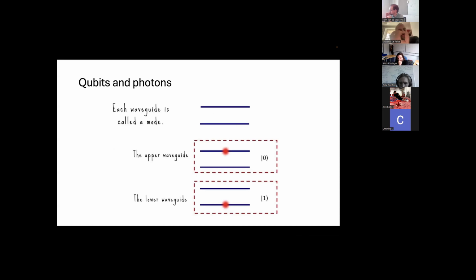So we can encode qubits using photons, and one particular way, which is by far the most used in the literature, is the dual rail encoding.